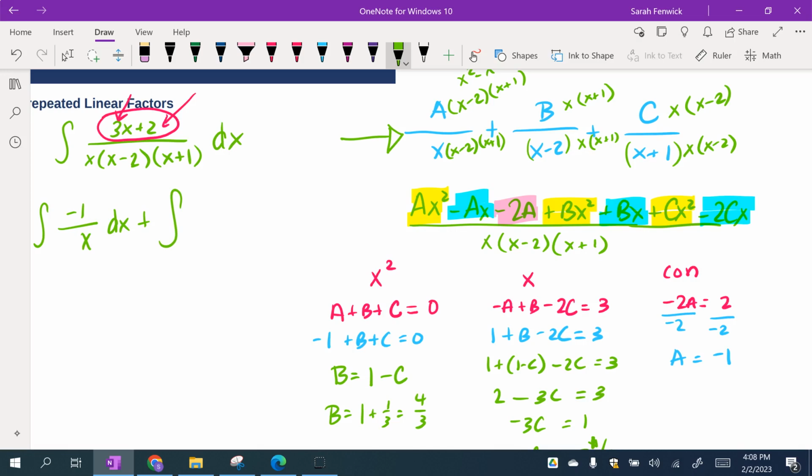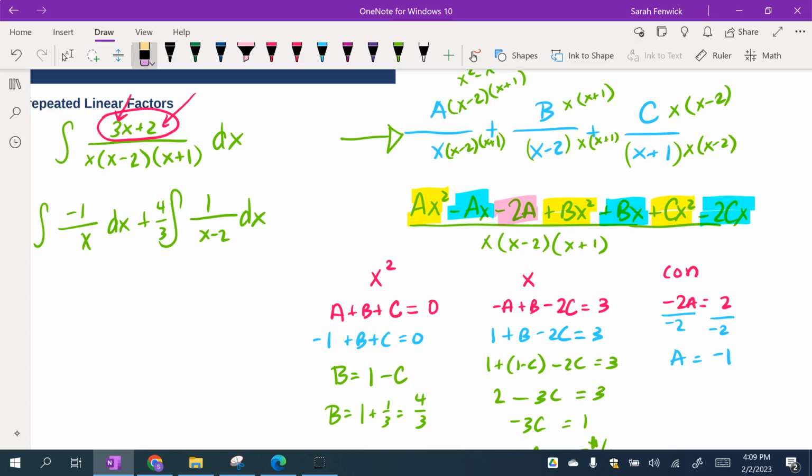I think I'm going to put my 4/3 out front and just leave this as 1 over x minus 2 dx. Plus, c is negative 1/3, so let's make that a minus, actually.